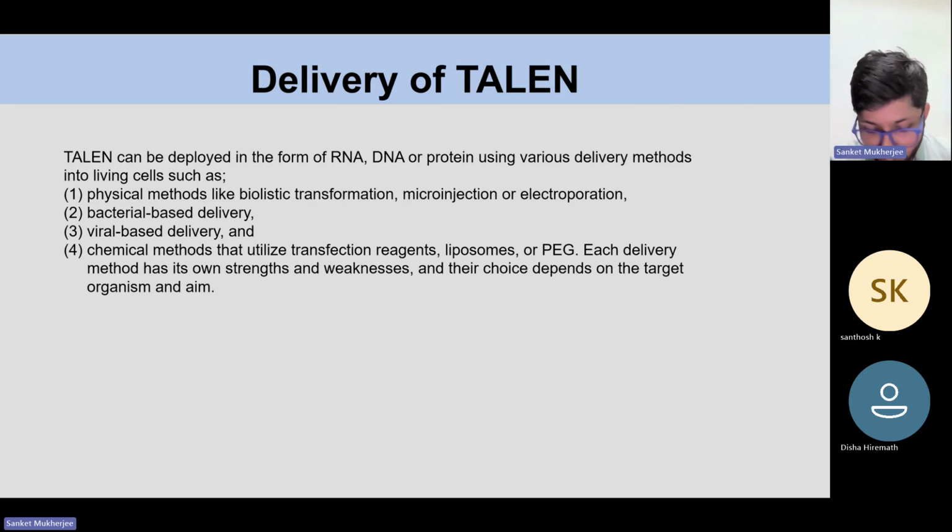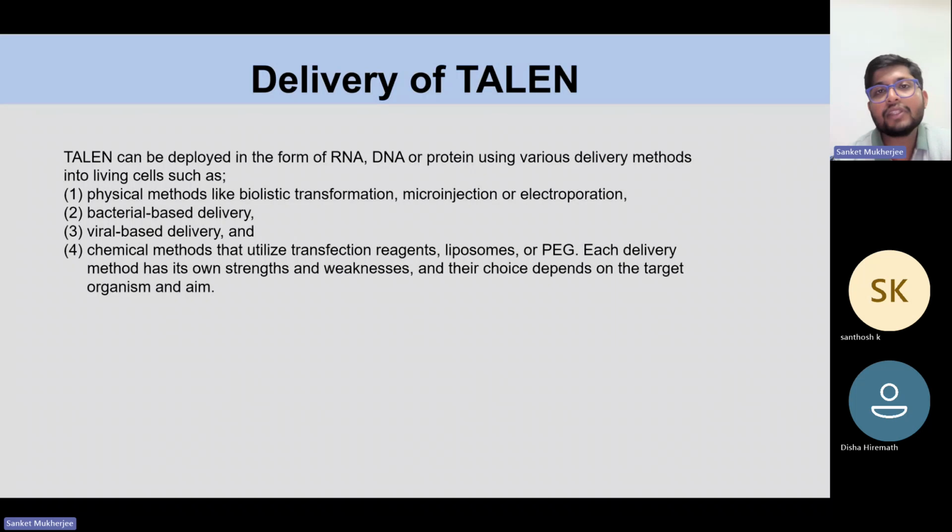Again, as we have already discussed for zinc finger nucleases, the delivery methods for TALENs are similar. There could be physical methods like biolistics, microinjection, and electroporation. There could be bacterial-based delivery, viral-based delivery, and chemical methods as well, like liposomes and PEG.